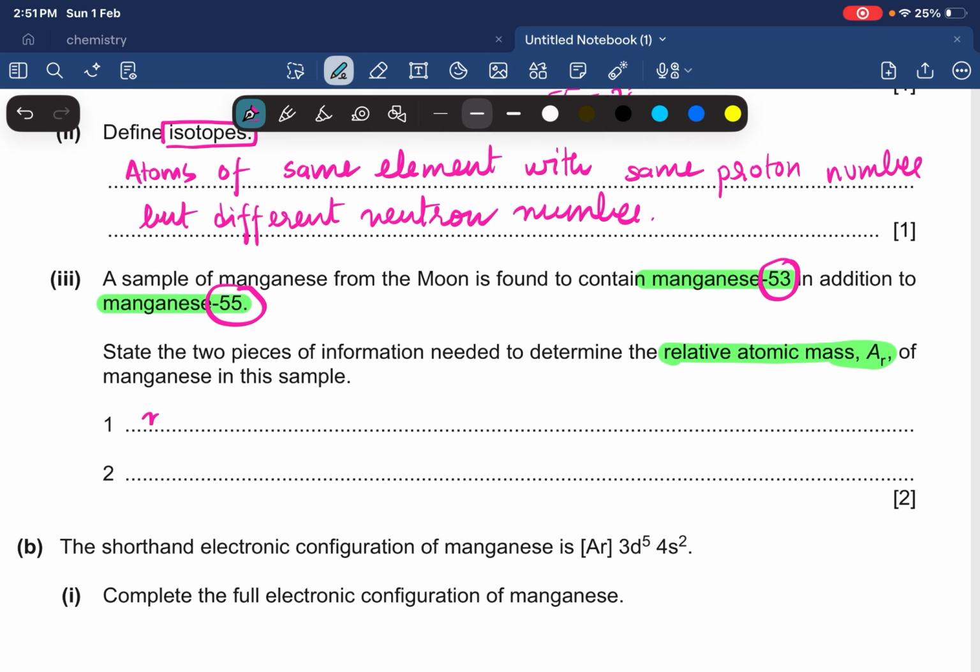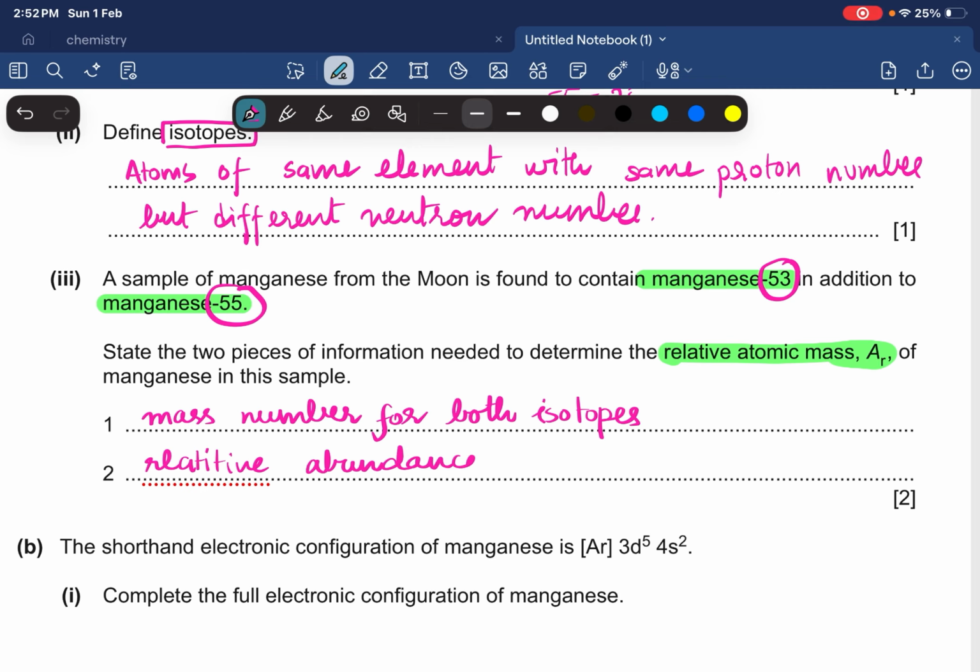So first thing is the mass number for both isotopes. That's the first information you need, and the second you need is the relative abundances of both isotopes.